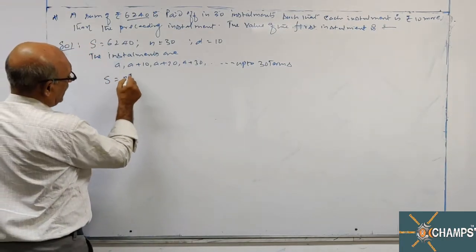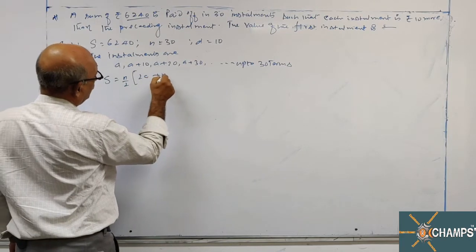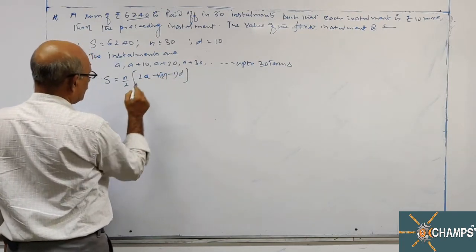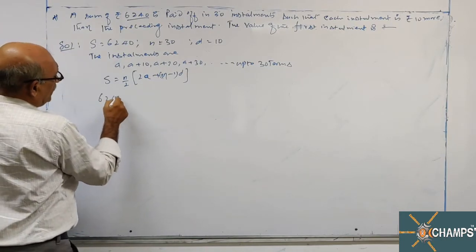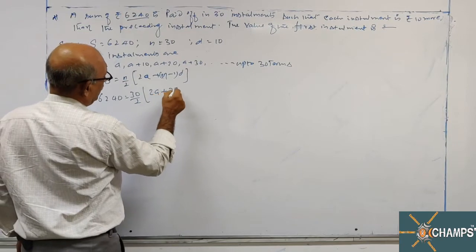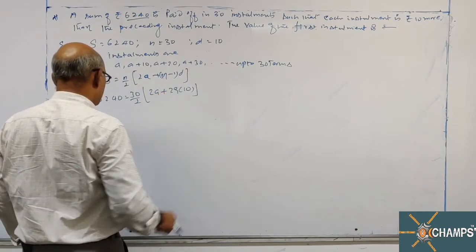S is equal to n by 2 into 2a plus n minus 1 into d. So 6240 is equal to 30 by 2 into 2a plus 29 into 10.